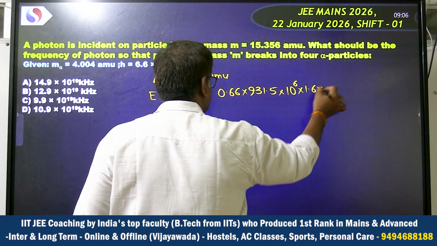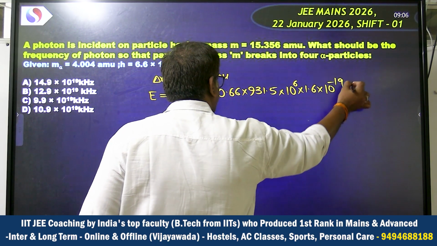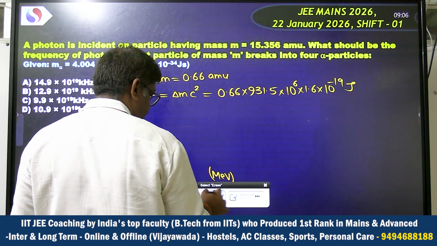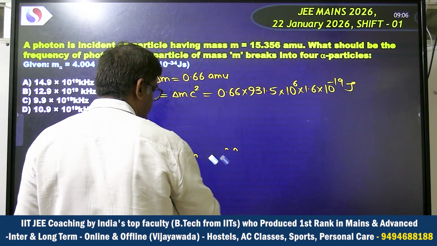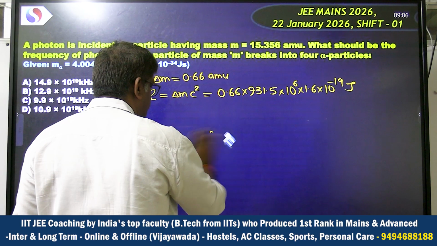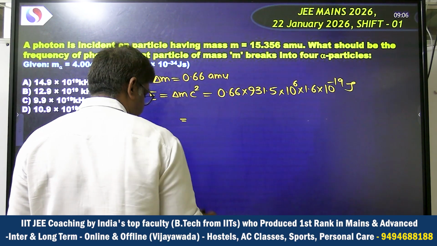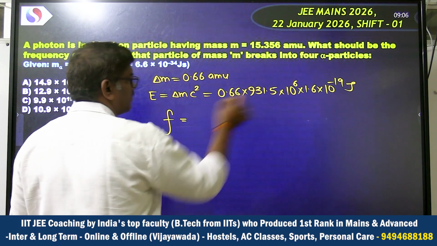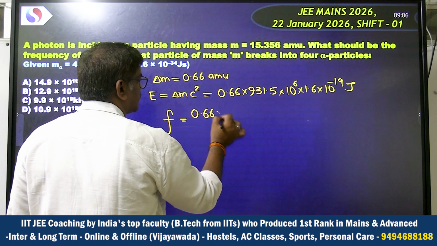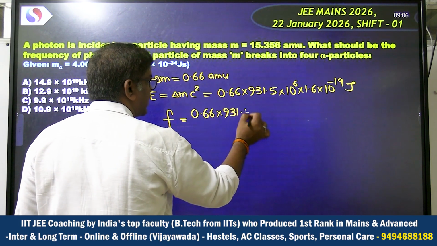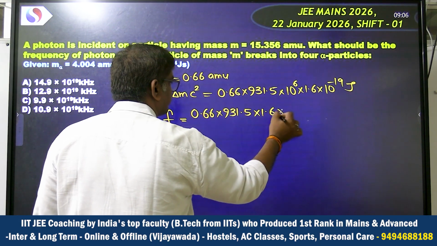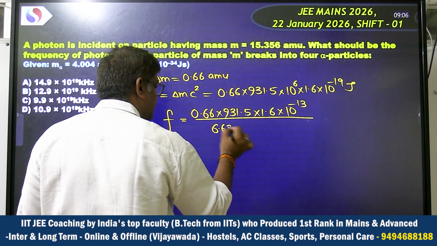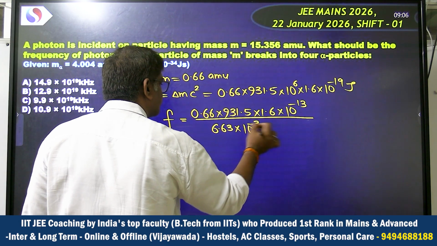Then 1.6 into 10 to the power minus 19 in joules. Now for the photon, we compare this to hf, so for the frequency we simply divide by Planck constant, which is 6.63 into 10 to the power minus 34.